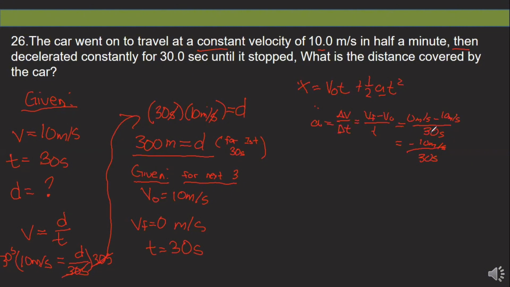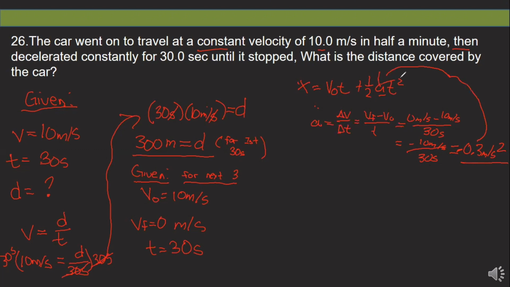Dividing negative 10 by 30, we have negative 0.3 meters per second squared. This is now the acceleration that we can substitute in the equation.